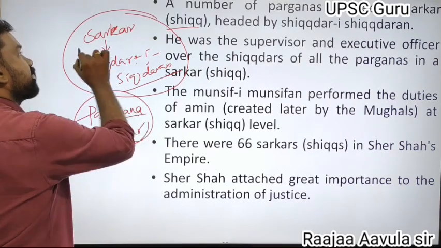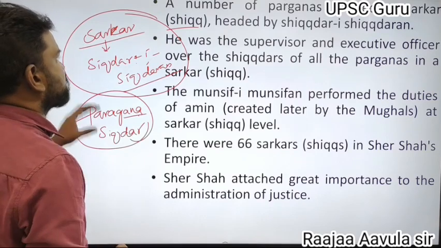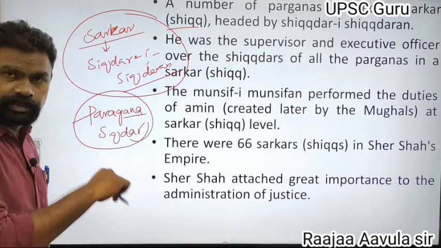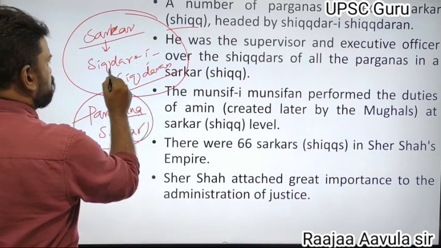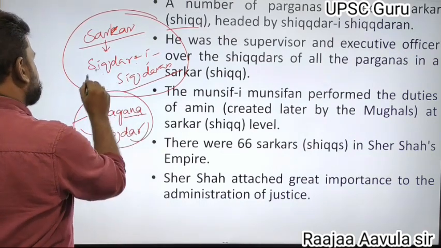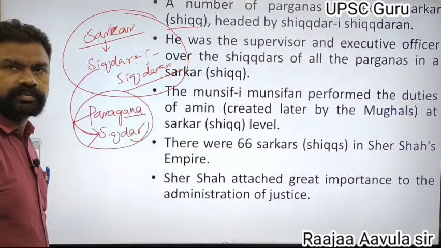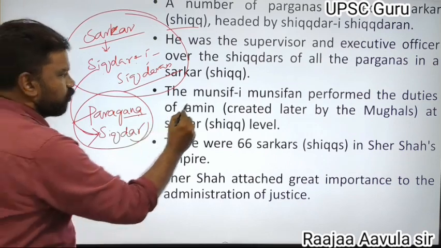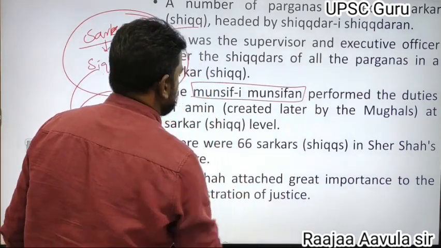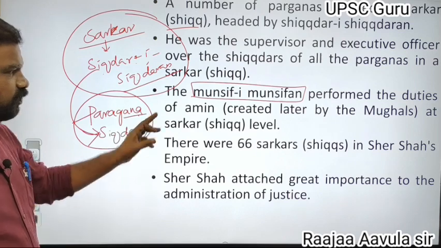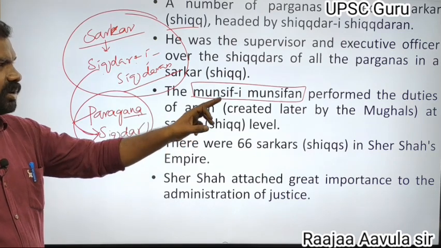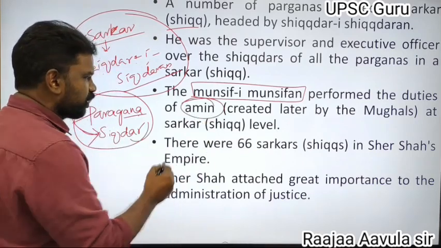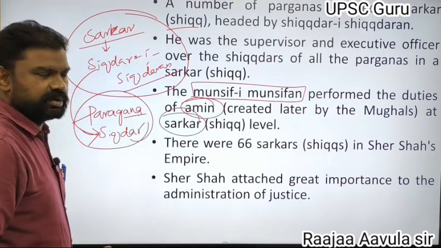A group of Parganas is considered a Sarkar. He was the supervisor and executive officer over the Sikdars of all the Pargana areas. He would be the officer for all the Sikdars. The Munsifan was another officer who performed the duties of the Amin, a duty created later by the Mughals, also at the Sarkar level.